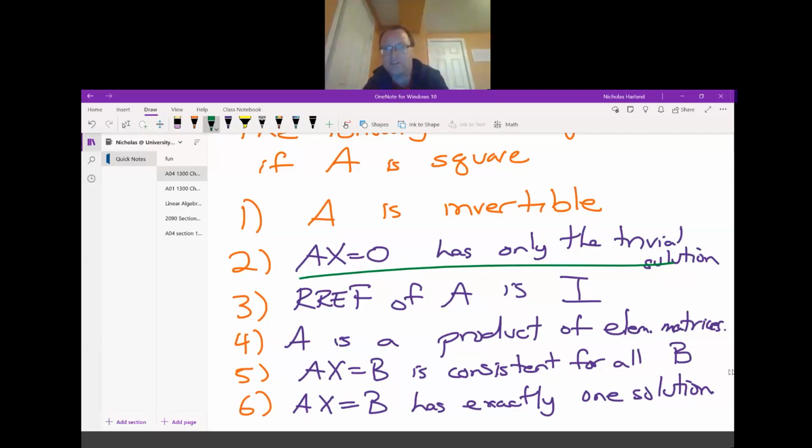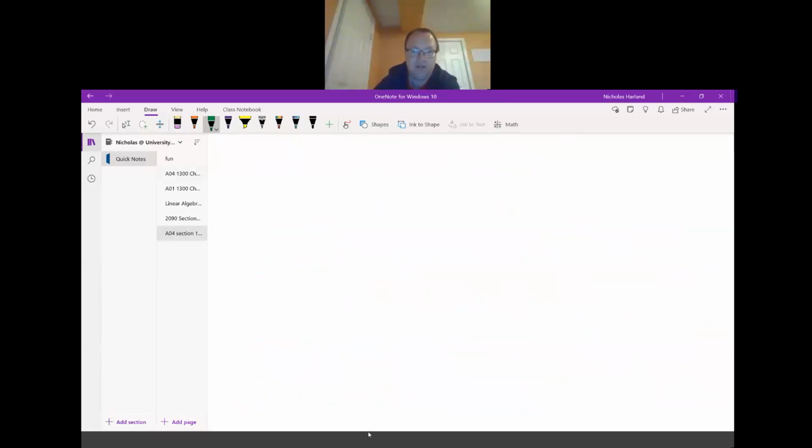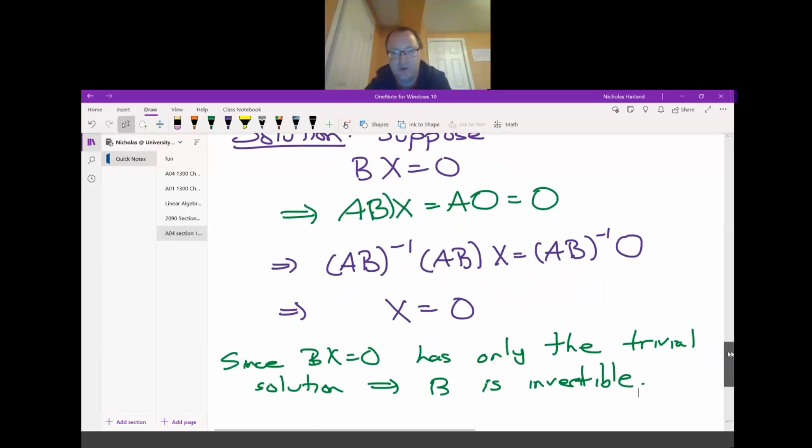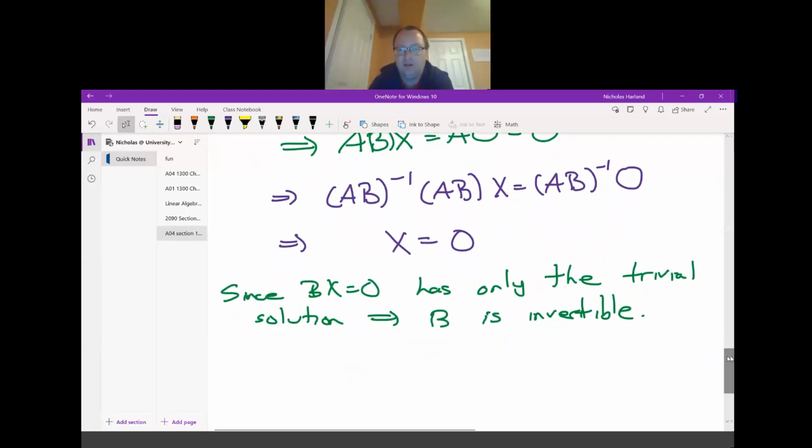If one of them is true, all of them are true, and therefore B is invertible. Wonderful, but what about A? So we'll have to get to A. But yes, we've managed to show B is invertible. Technically, that didn't show A was invertible, but fortunately, knowing one of them helps us find the other.